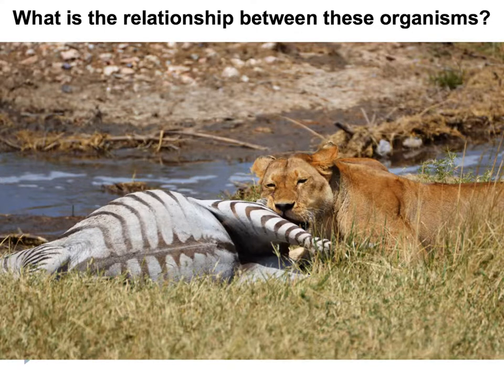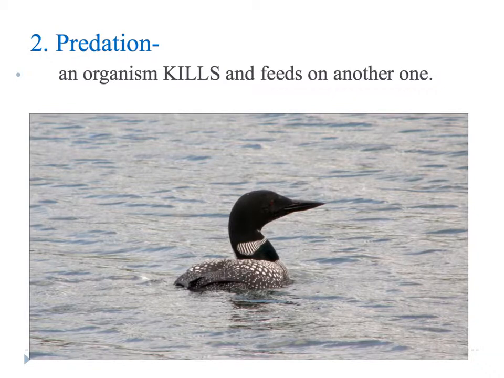It's not always something like a big lion like you would expect. So predators, or predation, is actually when an organism kills and feeds on another one. And the big word here is kills. And we'll talk about how that's different than parasitism in a minute, which is also feeding on another organism. But predation, you actually kill and you eat it. The intent is to kill, the intent is to eat.